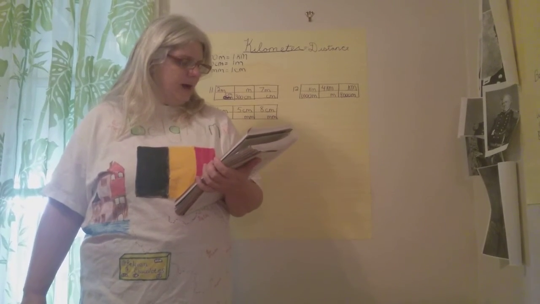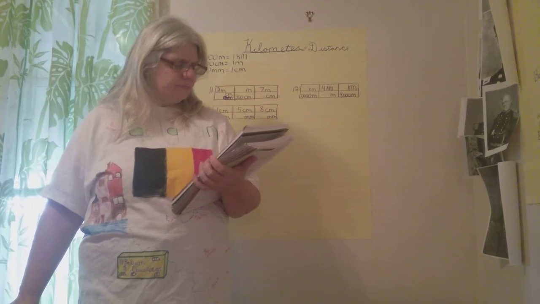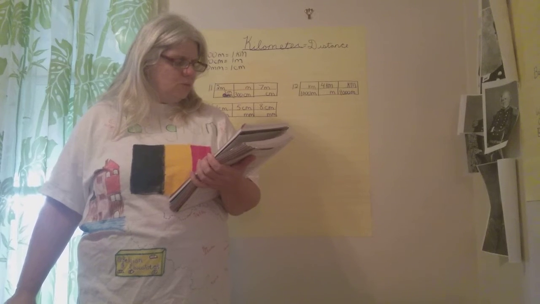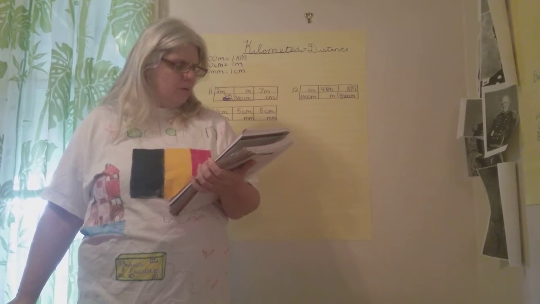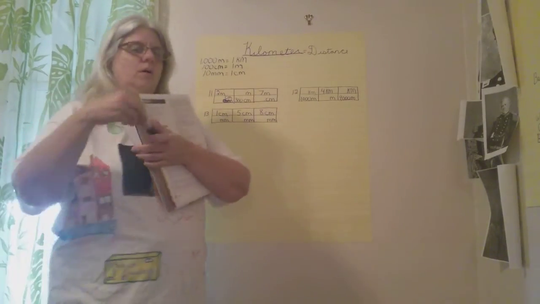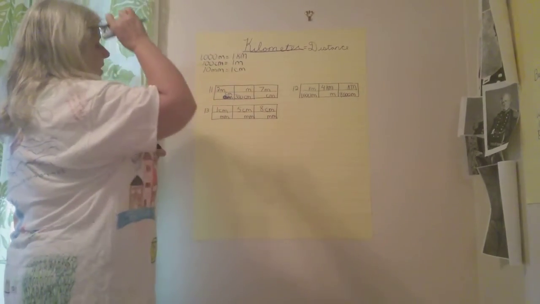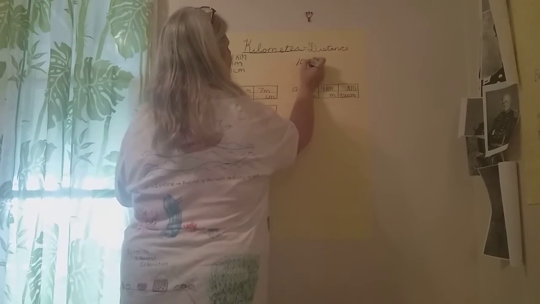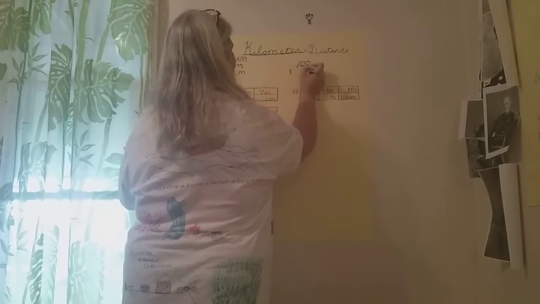All right, how about number 6? The Hans family traveled at 100 kilometers per hour. How far did they travel in 2 hours? Remember we multiply, right? So we have 100 kilometers in 1 hour, but we're going to go 2 hours.